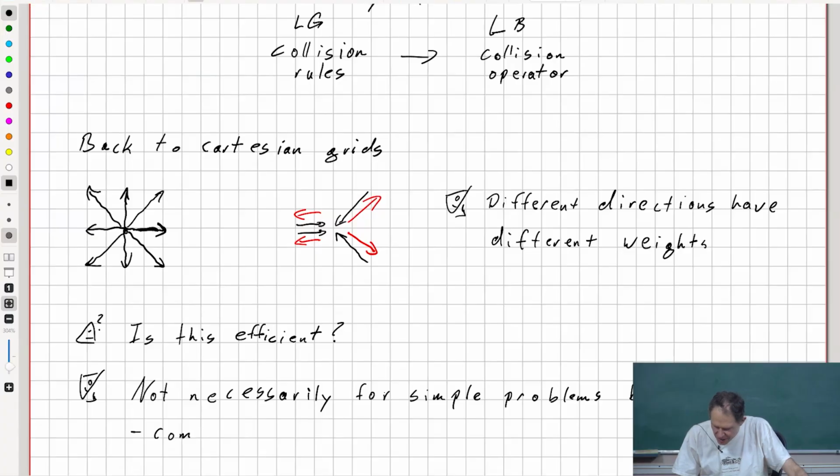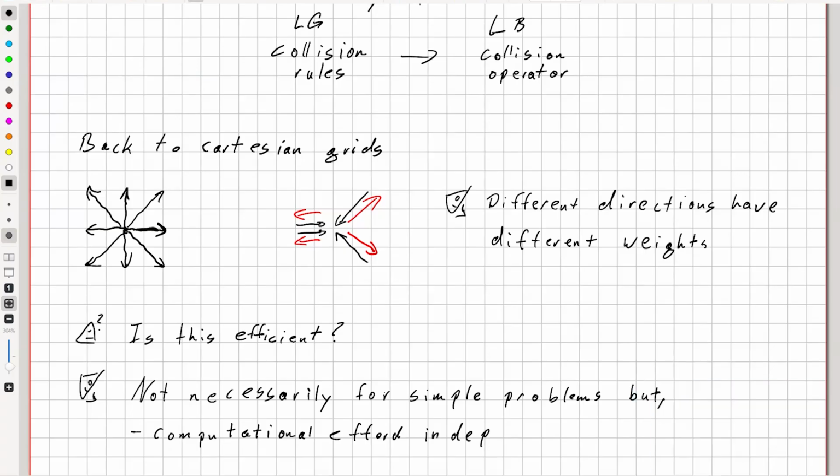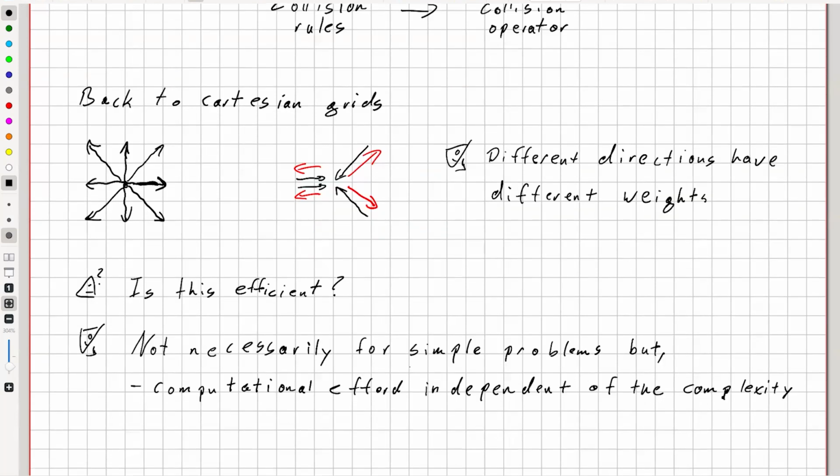So I have written: the computational effort is independent of the state of the flow or the complexity of the flow. This can be a good thing or a bad thing, right?